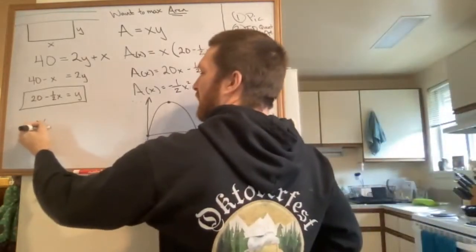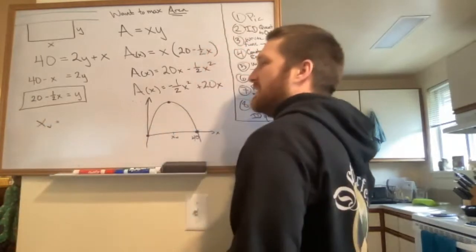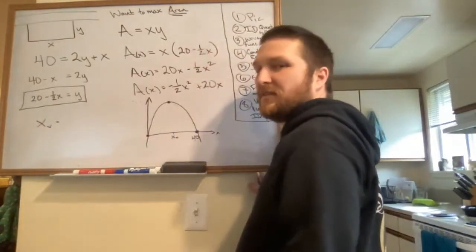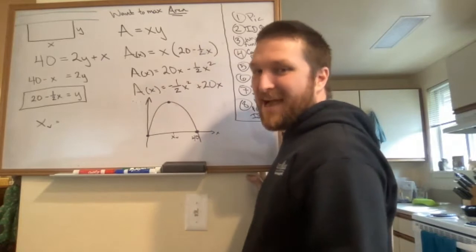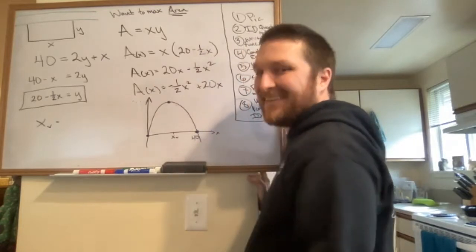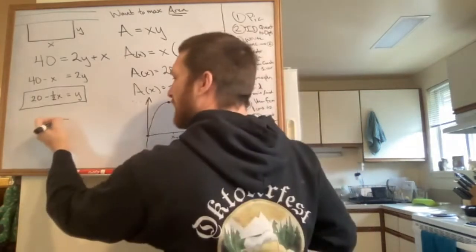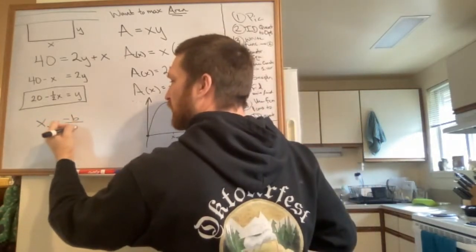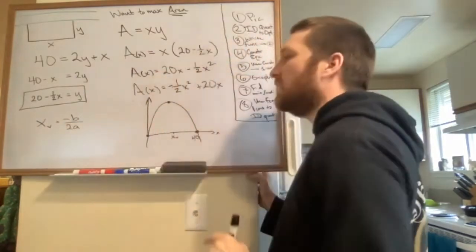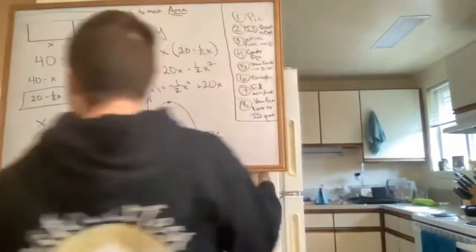The x value of the vertex is at where? In terms of a nifty formula we have, what is that? Minus b over 2a. So you plug in your b and your a and you tell me what you get.